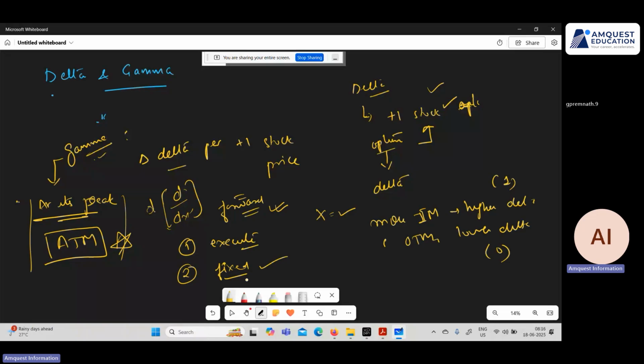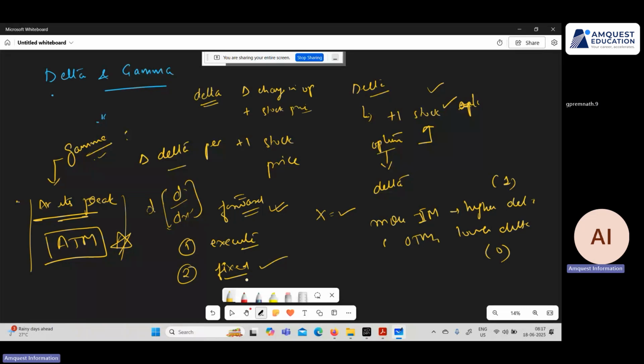So what I'm trying to say is, can you say that the delta is the change in the option per unit change in stock price, right?